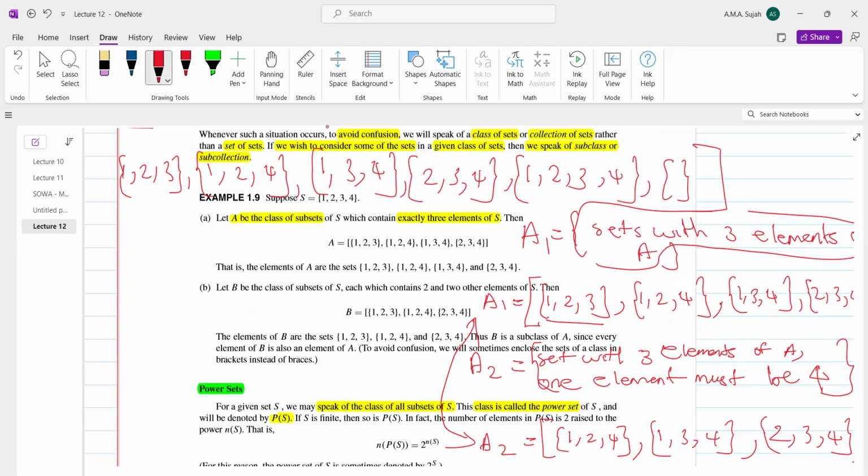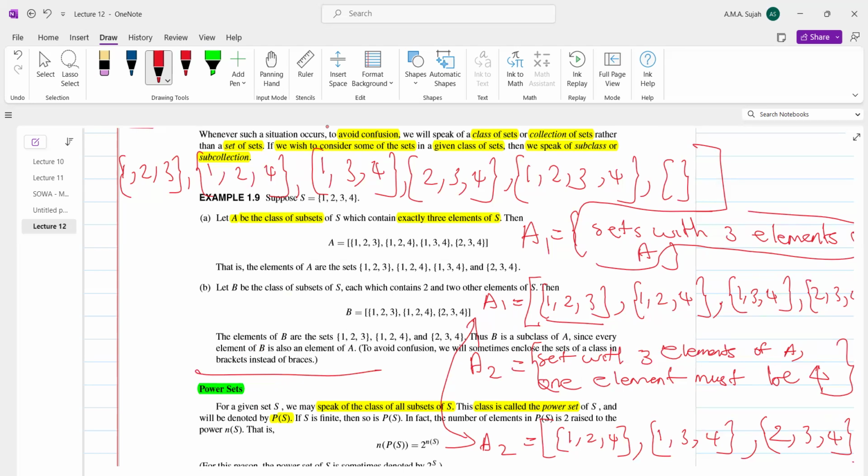So class of sets means for the given set with n elements, you can write 2 to the power n number of subsets. Among these 2 to the power n subsets, if you pick some subsets and create a new set, that is called a class of sets or collection of sets, right? Power set means you write a set that contains all the subsets.